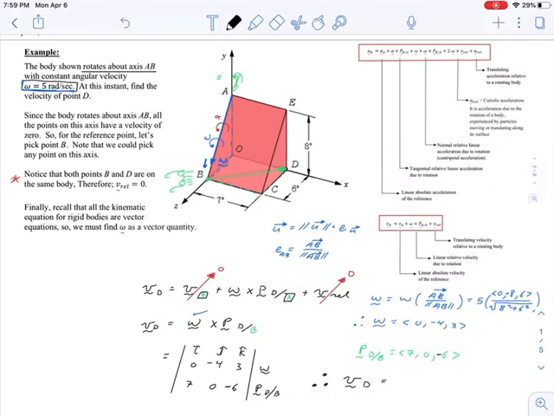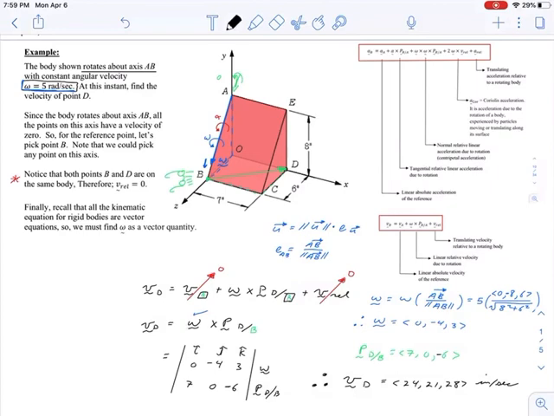So now we can do the cross product, and come up with the velocity at point D at this instant: 24, 21, and 28 inches per second.